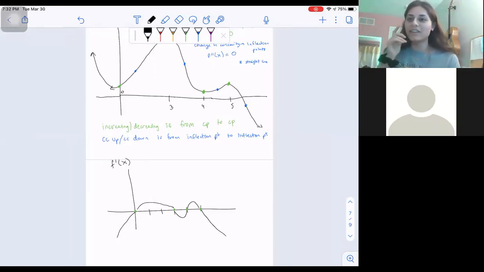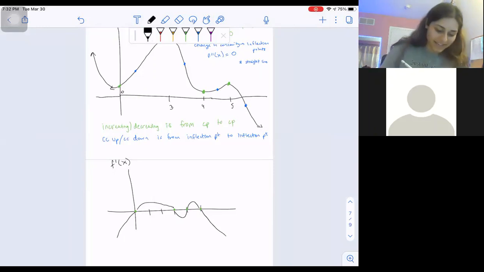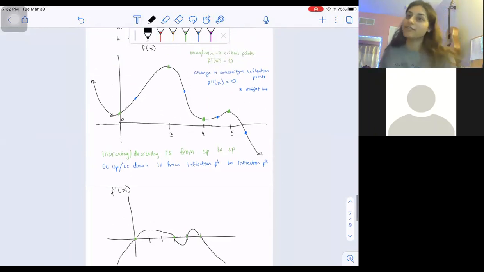I'm going to add one quick layer of complexity, because why not, guys? We can also check out our inflection points on this graph, right? If you think about it, the second derivative is the derivative of the first derivative. So the second derivative's inflection points are the first derivative's critical points, right?